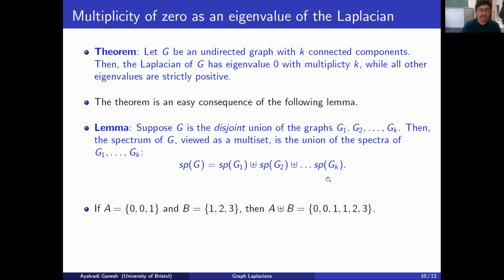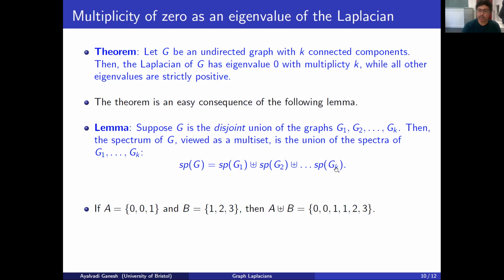Now, if you accept this lemma, why does the theorem follow? We proved for a connected graph that it has one eigenvalue of 0 and all other eigenvalues are strictly positive. Lambda 2 is strictly positive and lambda 2 was the second smallest, so all the others are also strictly positive. So if G1 is connected, it has one eigenvalue of 0.